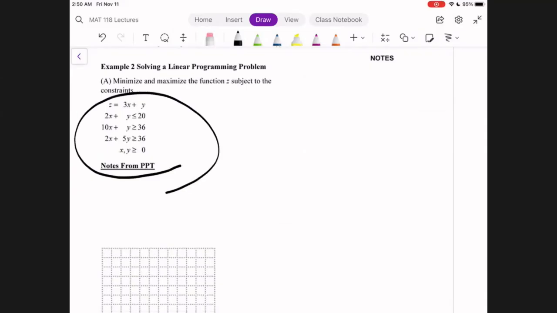Okay. So minimize or maximize z. What is the minimum value of z, and then the maximum value of z? So what would those be?